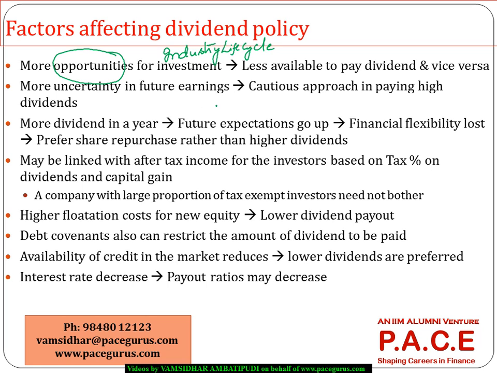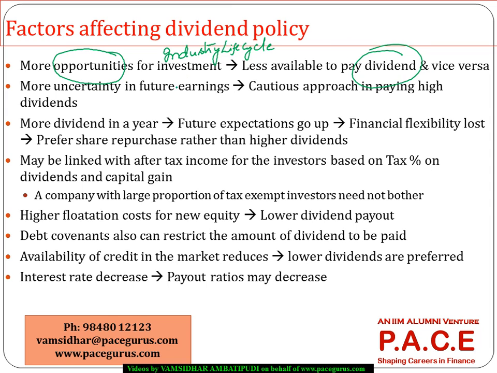Based on whatever reasons, if the company perceives that there are more and more investment opportunities in future, it's better to retain more and pay less dividend. So design a dividend policy where the payout percentages are not that high. If the company is perceiving that in the next few years there are going to be extraordinary opportunities for growth, it's better that the company plans its dividend policy accordingly.